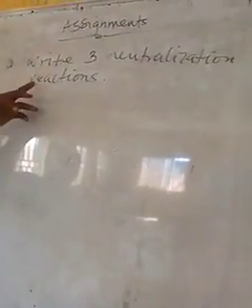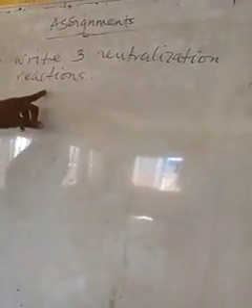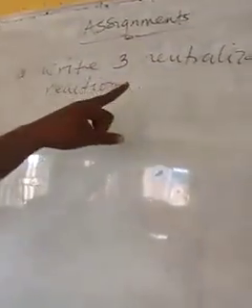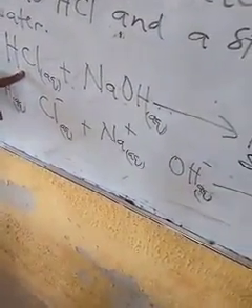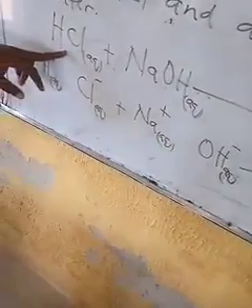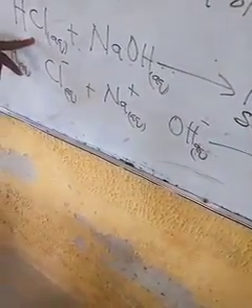And finally, I have an assignment. Please, you should go and do research. The question says, write 3 neutralization reactions. You may see reactions of HNO3, that is trioxonitrate(V) acid, reacting with bases, maybe potassium hydroxide, maybe calcium hydroxide, and what have you.